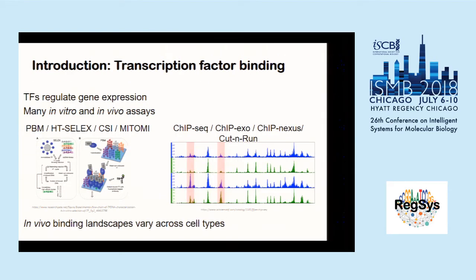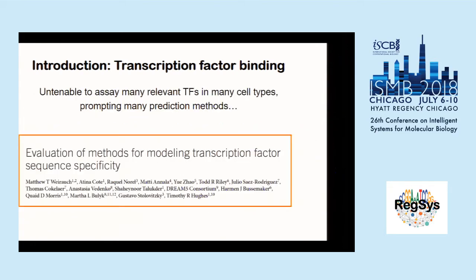Now, as everyone here knows, TFs regulate gene expression by binding to DNA, and there are a lot of experimental methods for assaying this in vitro and in vivo. But binding landscapes can vary a lot across cell types in vivo, and it gets untenable to assay all the relevant TFs in the many cell types that are of interest.